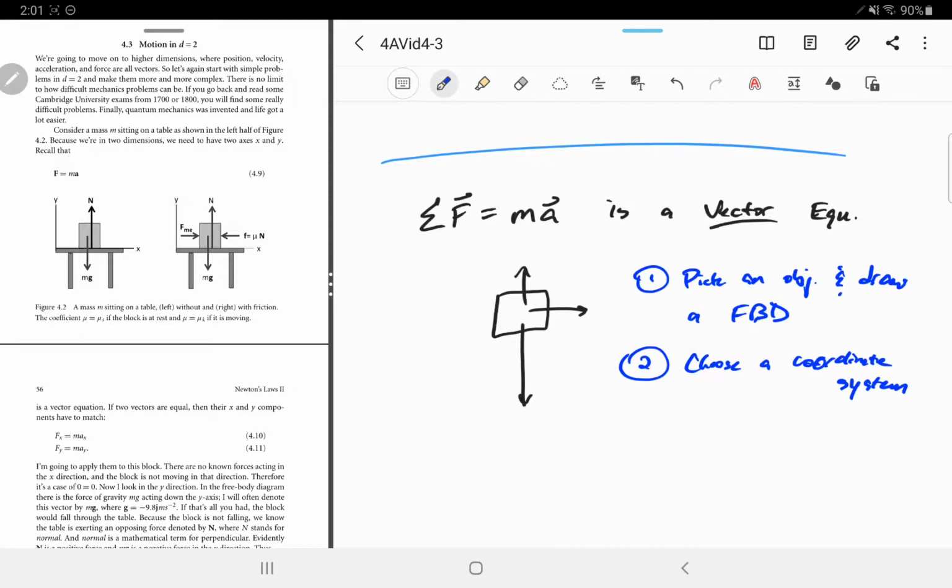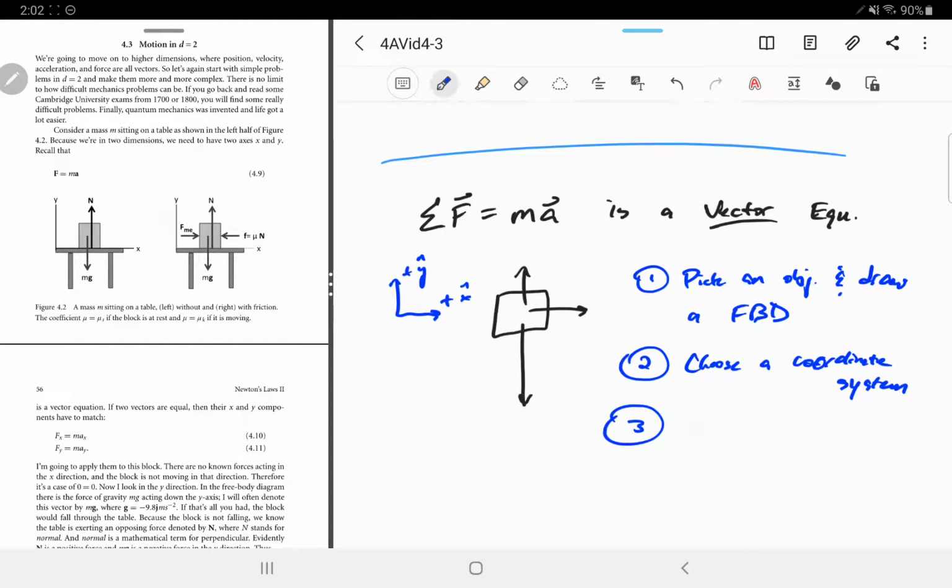So here, all the forces are horizontal and vertical. So it looks like our standard x direction being to the right and y direction being up is probably a good choice. Right? Because all of the forces are either in the plus x direction or the plus or minus y direction.